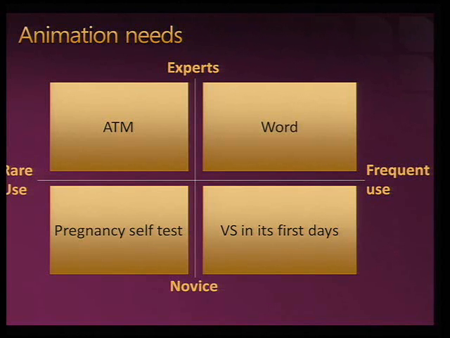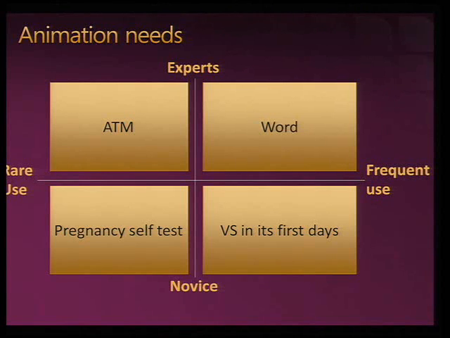In the upper left corner, you can see the ATM, for example, an application that you rarely use, maybe once a week or once a month, but since you have been using it for so many years, you become an expert.